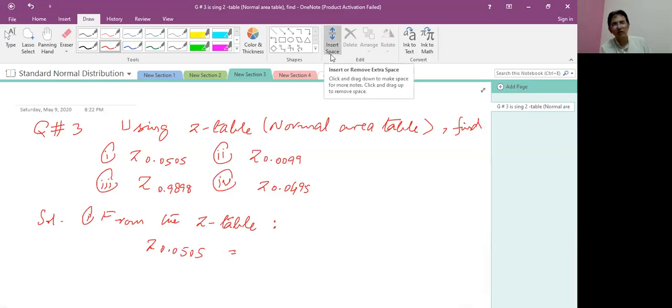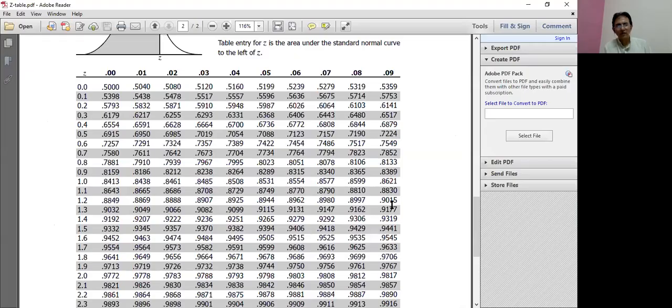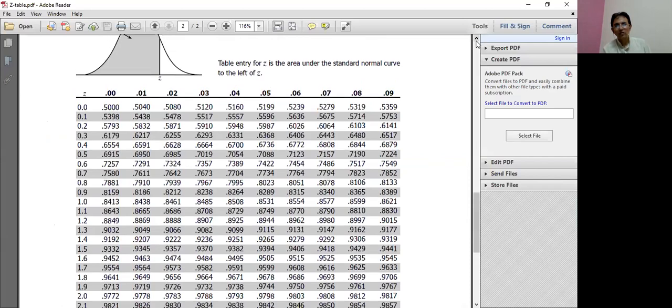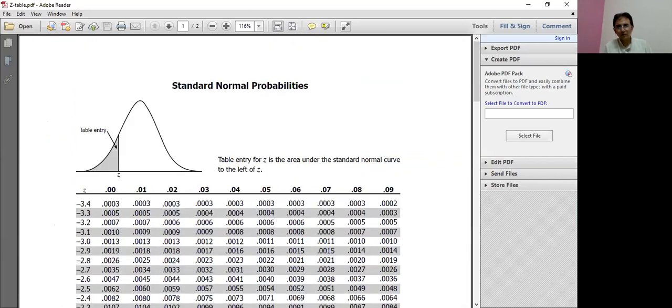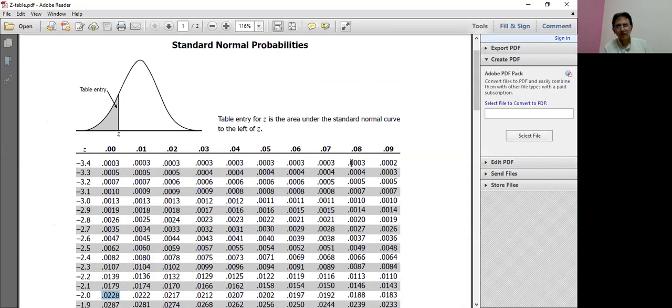So we will move from the z table. 0.05 is, friend, on this page these are the higher values. So it is very small. So we will move to the first page, and 0.0505.